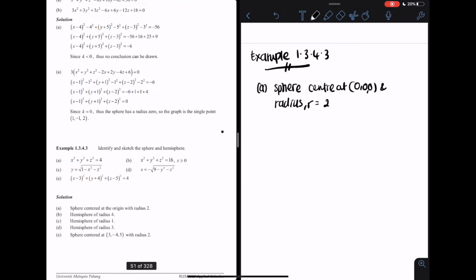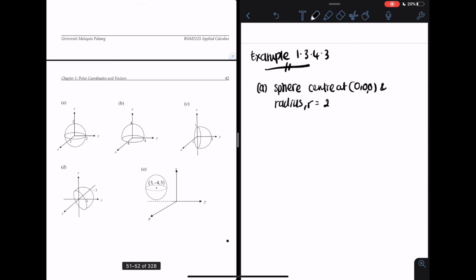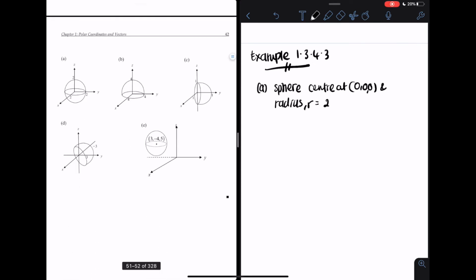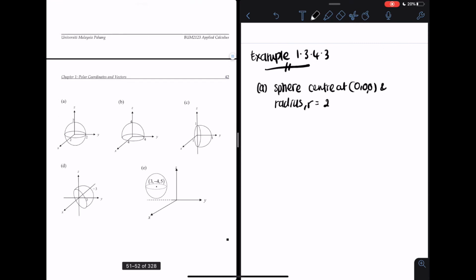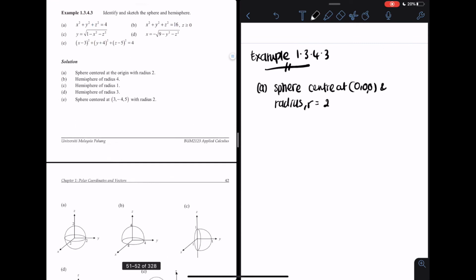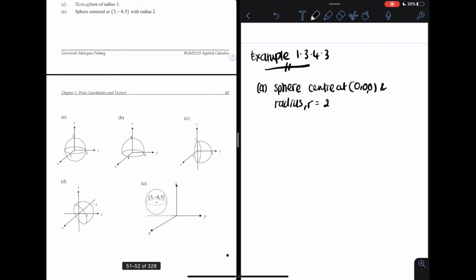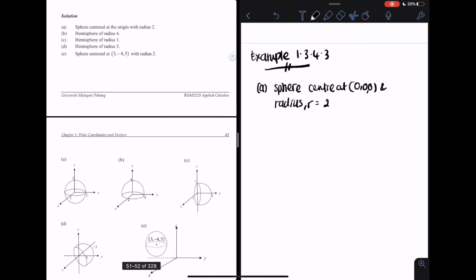For question C, obviously, since y is the subject of your equation, you will end up with a hemisphere with radius 1. So I really hope you can go through the example on your own, and then please take a look at a few examples in this topic.